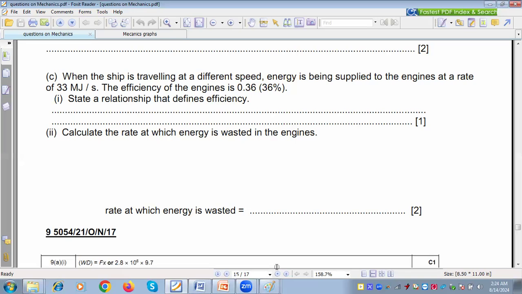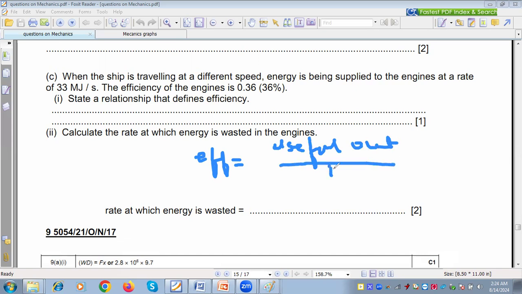Okay, so which formula will we use? I will just write here. Efficiency is equal to useful output over input.